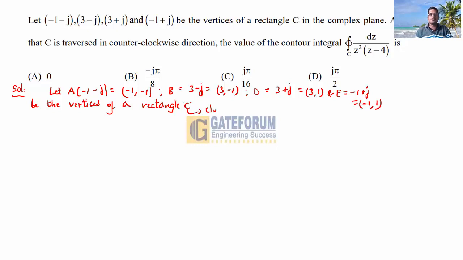This is a closed curve. Now the diagram.